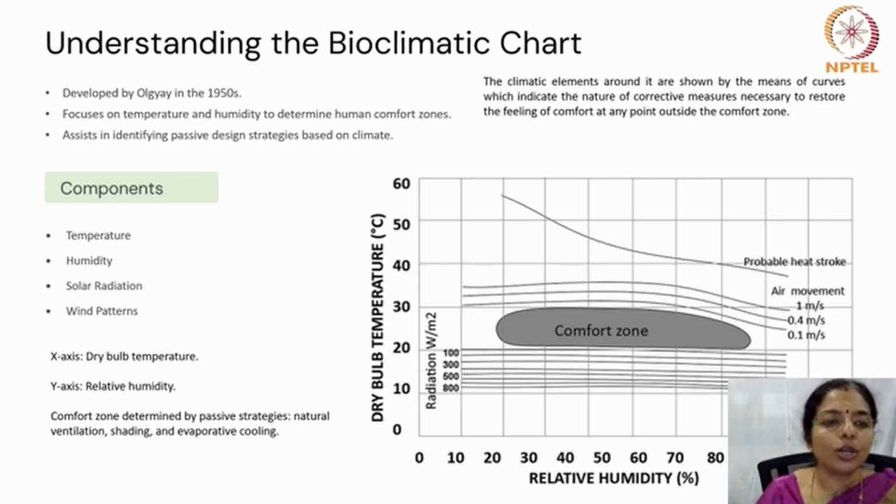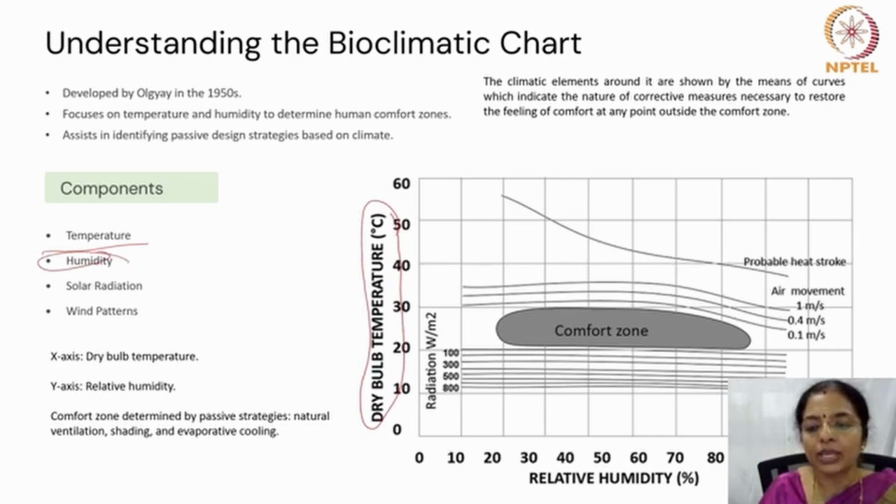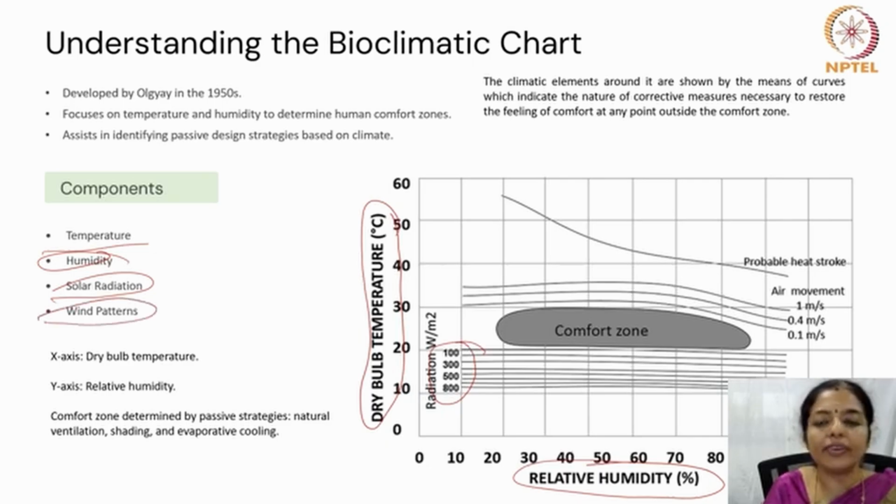The components of a bioclimatic chart are temperature, which is on the y-axis, humidity, which is on the x-axis, the solar radiation, which you can find as lines below the comfort zone, and the wind patterns, which you can find as parallel lines above the comfort zone marking.